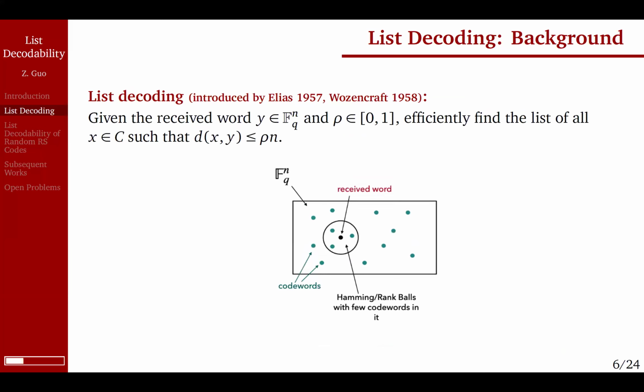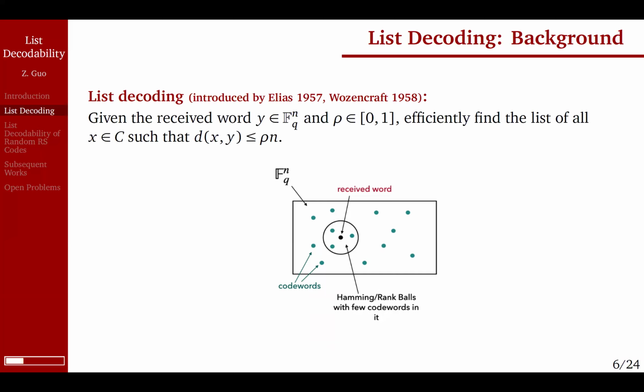This is the notion of list decoding, which dates to the 1950s. Given the received word Y, efficiently find the list of X such that the distance between X and Y is at most ρ times n, where ρ is a number between 0 and 1.